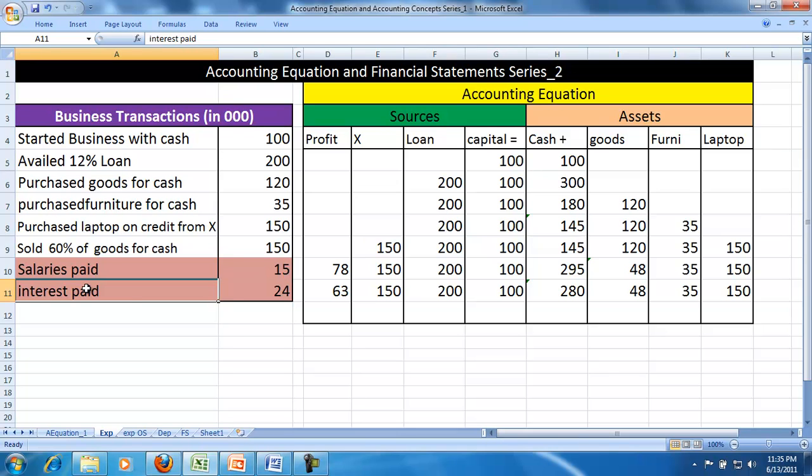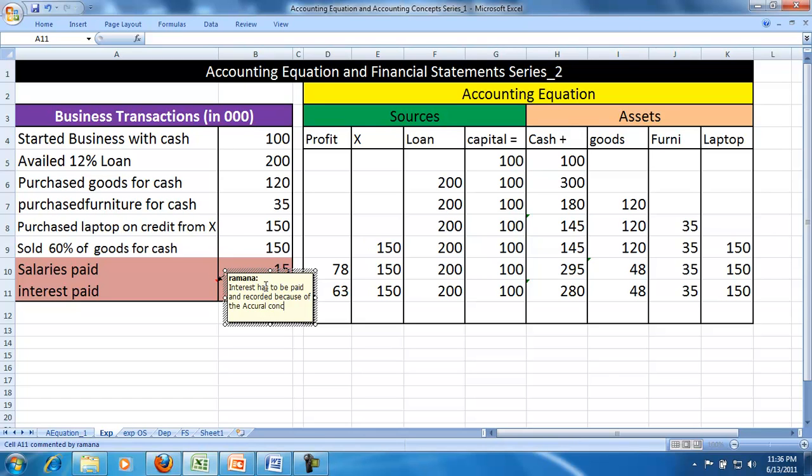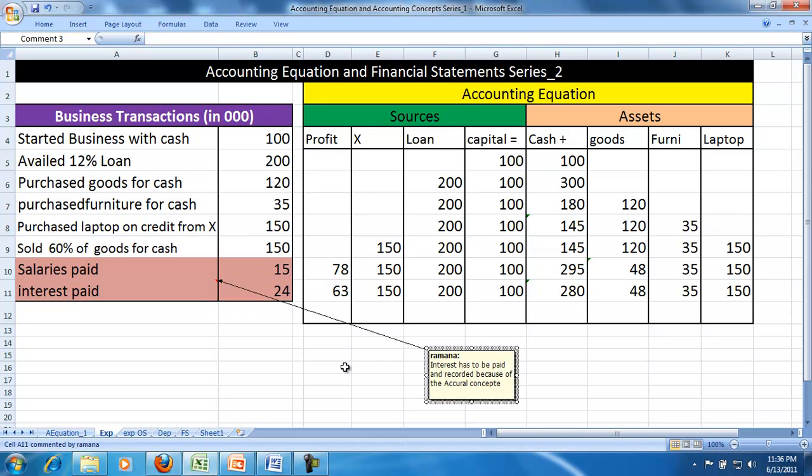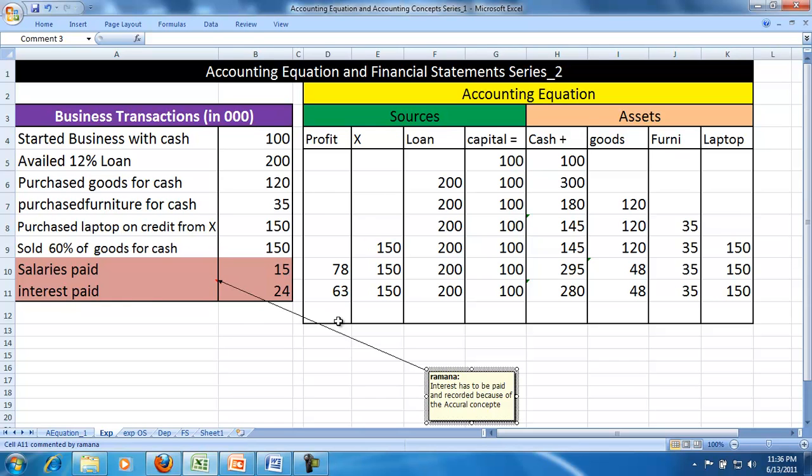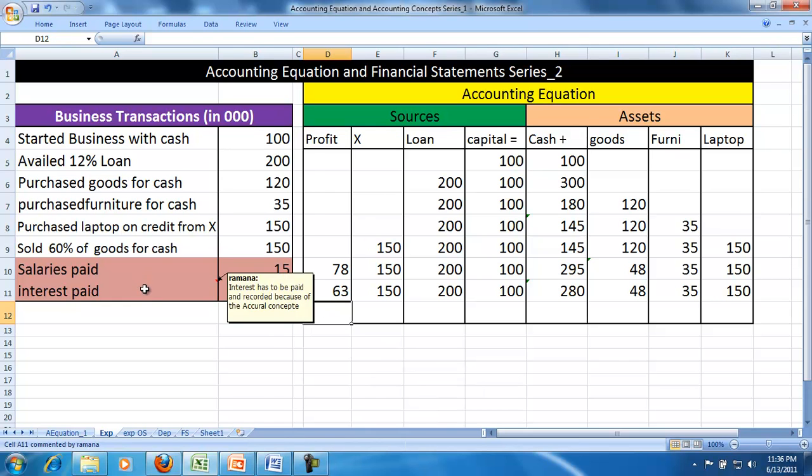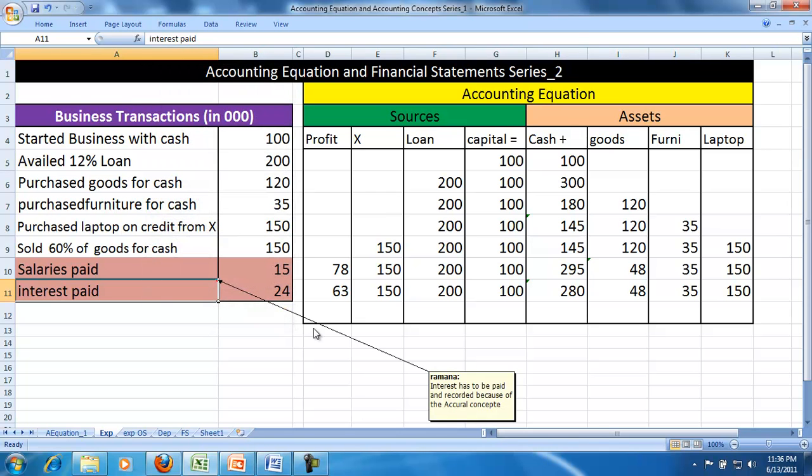Even if not mentioned, interest has to be paid and recorded because of the accrual concept. The accrual concept says, as we mentioned, you are bound to show the expense, whether you paid or not is not an issue. So let me retain that and show that.